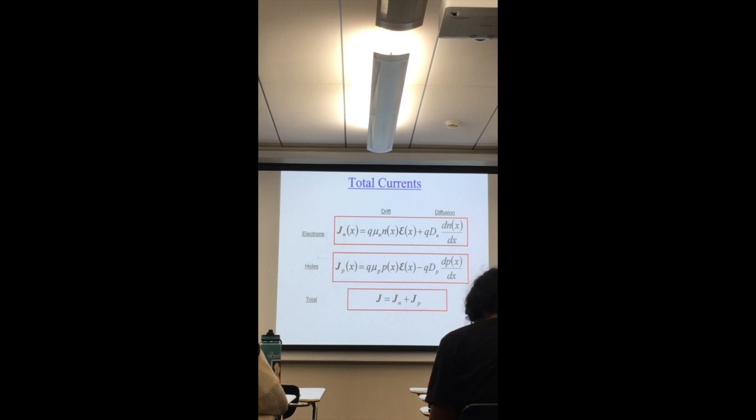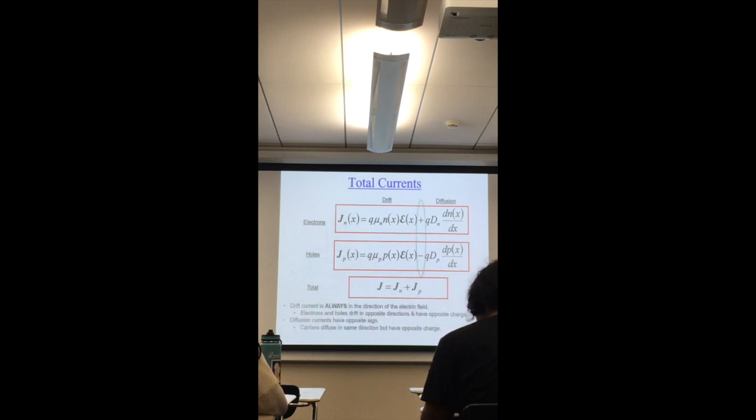If we have both drift and diffusion, which means we have both an electric field and a gradient in carrier concentration, then the total current will be the sum of these two contributions. And of course, the total current will be the electron contribution plus the hole contribution.